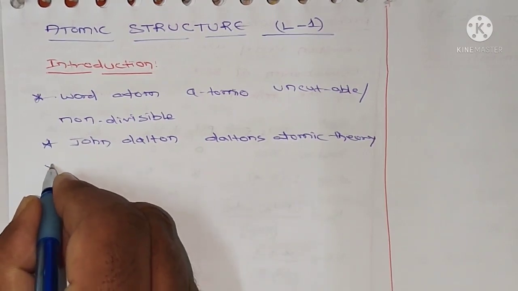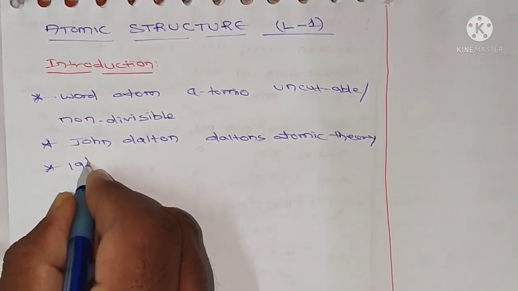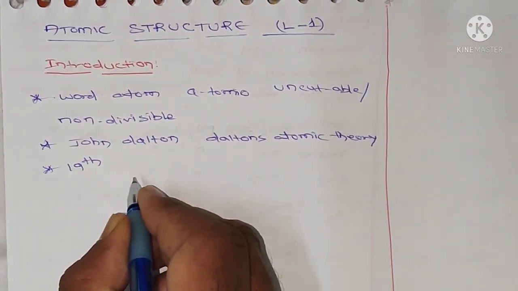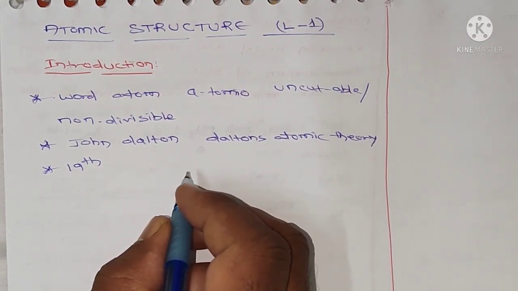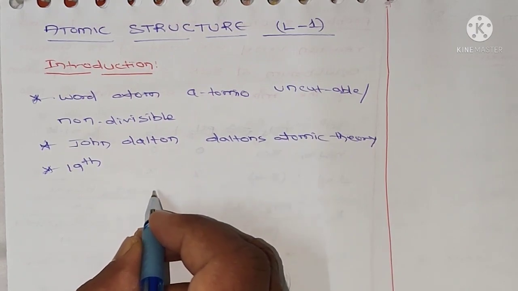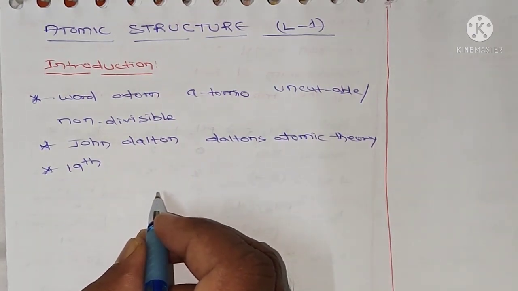At the end of the 19th century, atoms were found to be further divisible into subatomic particles. Let us discuss those subatomic particles.